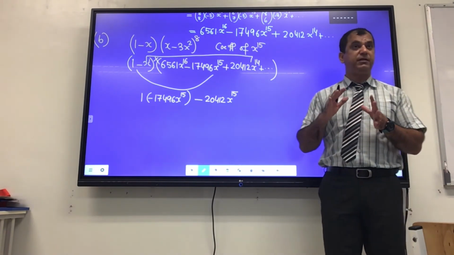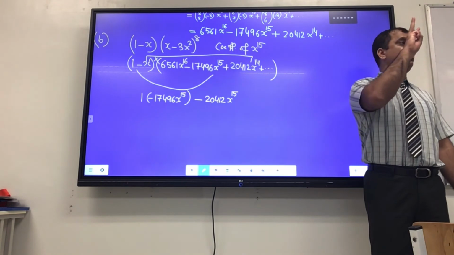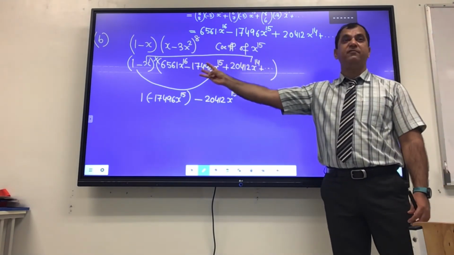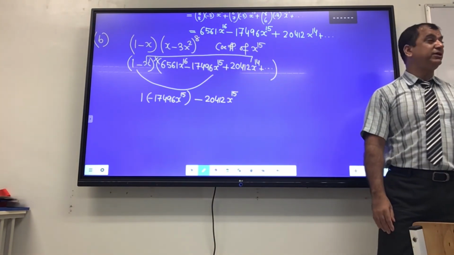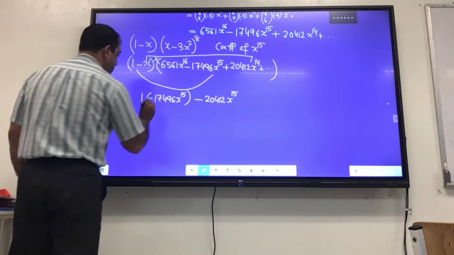So that's the beauty. See guys, in the A part, we expanded only 3 terms, right? Those 3 terms are useful in the B part. We don't need to go for further expansion. So the sigma notation is very important. So this is the answer now.